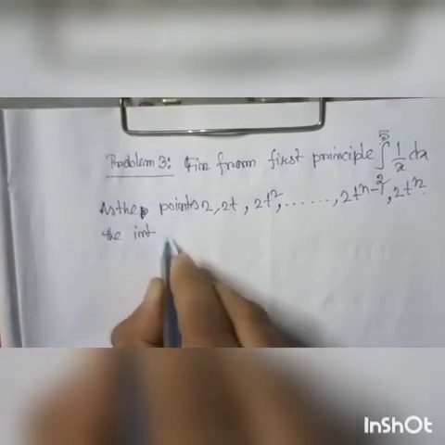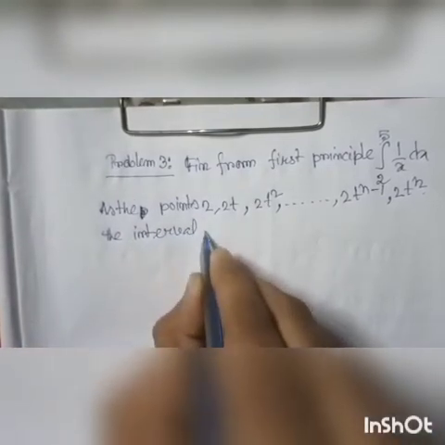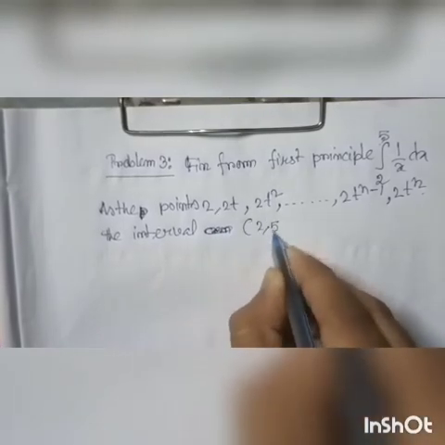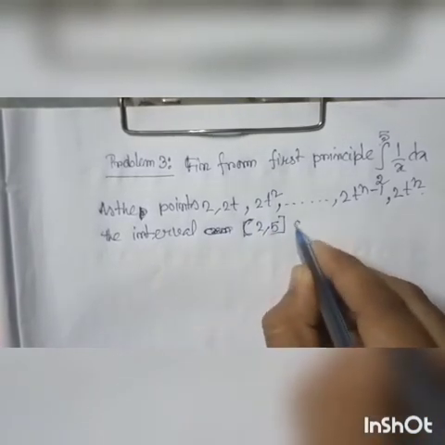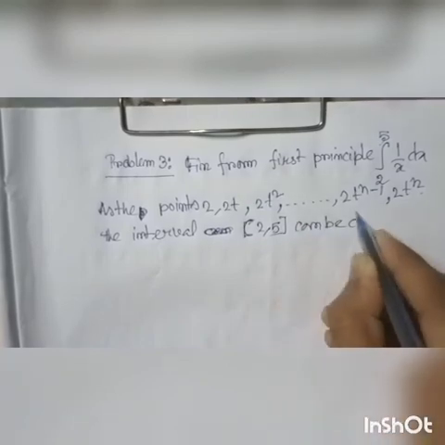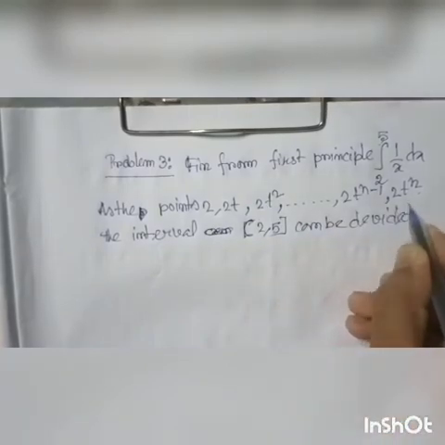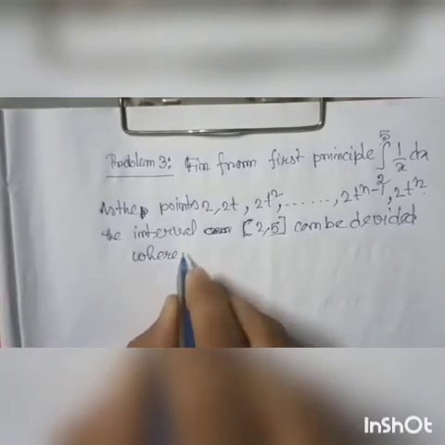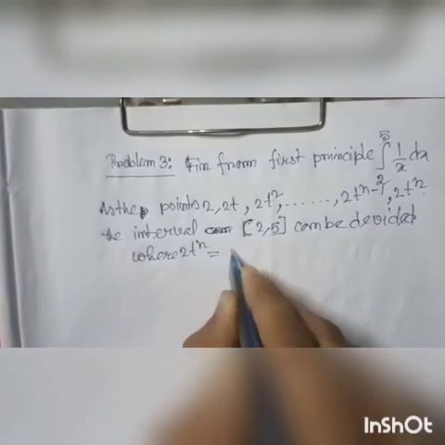The interval 2 to 5 can be divided, 2t to the power n equal to 5.